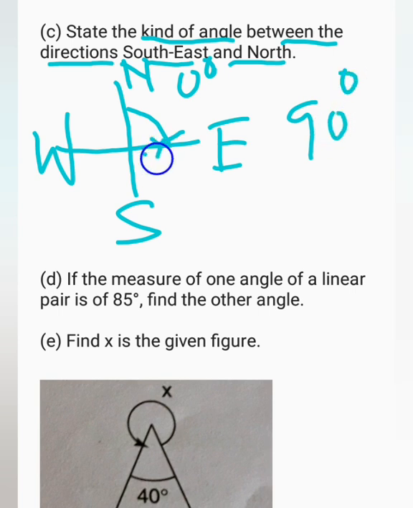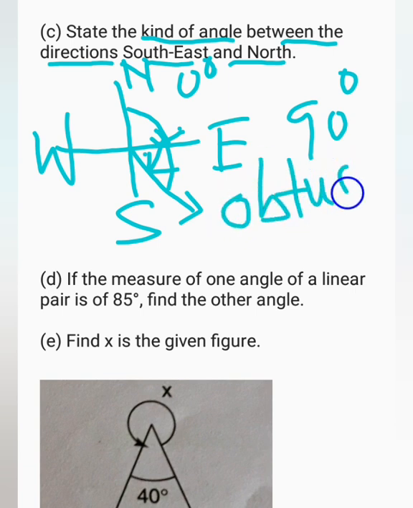Suppose we rotate up to this angle. This is southeast and north. So this angle is less than 180 but more than 90, so this angle is obtuse.